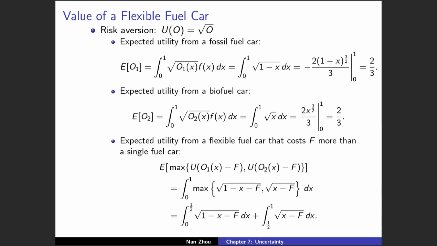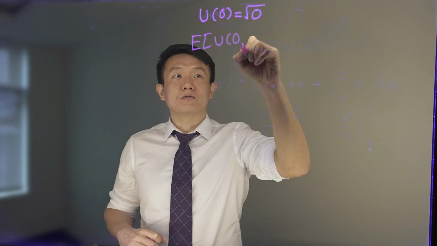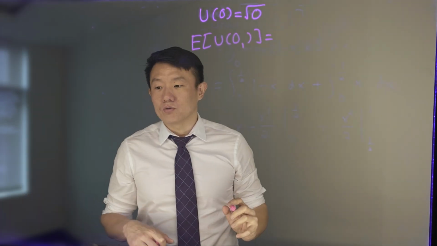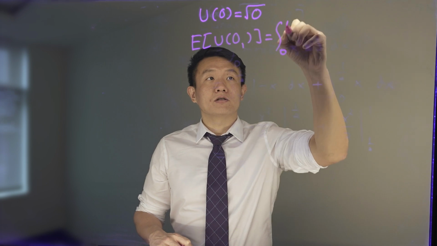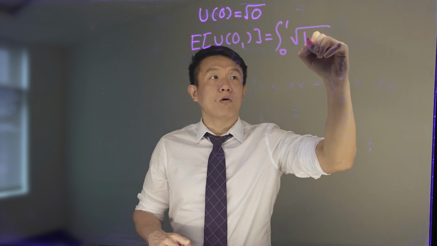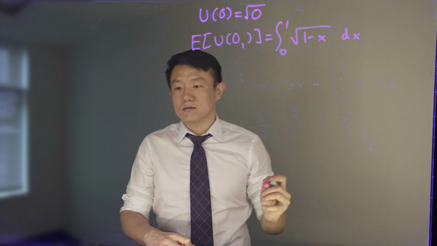Now let's assume that the individual is risk averse. Let's say their utility is equal to the square root of their outcome. Then the expected utility to owning a fossil fuel car, I'm going to integrate the square root of 1 minus x dx.